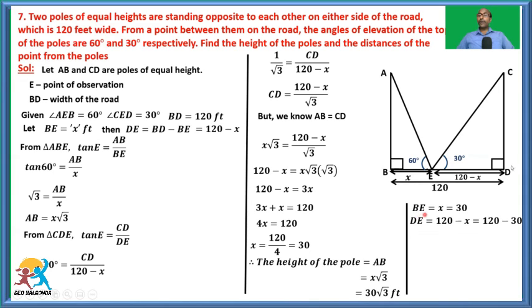DE is equal to 120 minus x, that is 120 minus 30, 90 feet. So the distances of the point from the poles are 30 feet and 90 feet. BE is 30 feet, DE is equal to 90 feet. That is the position of the point of observation here.